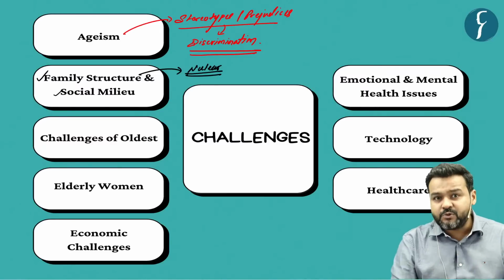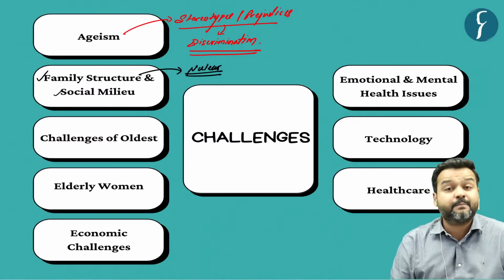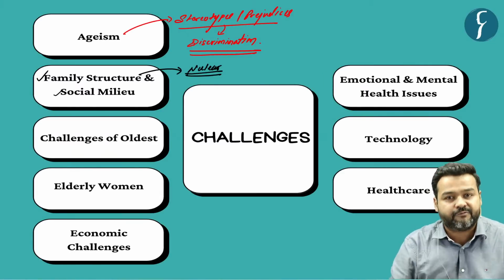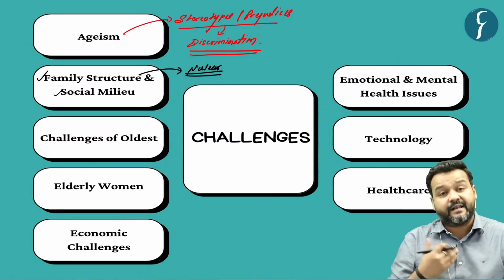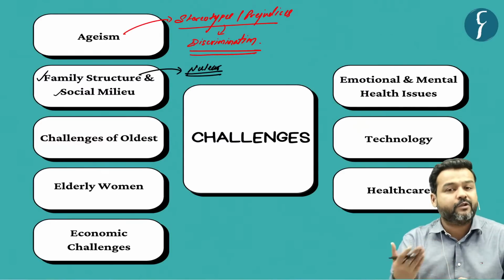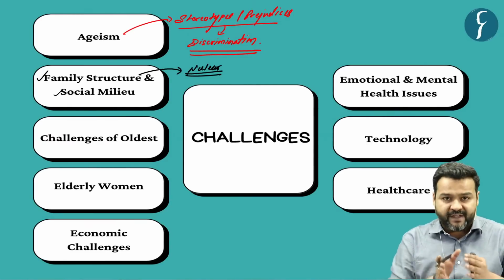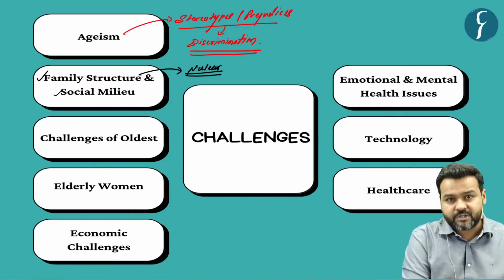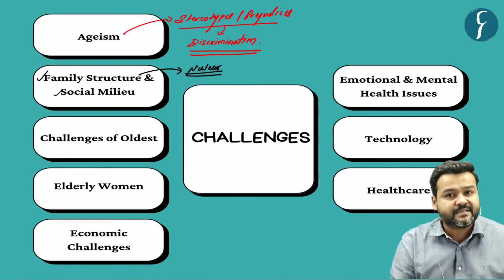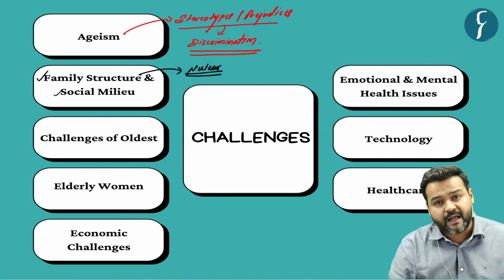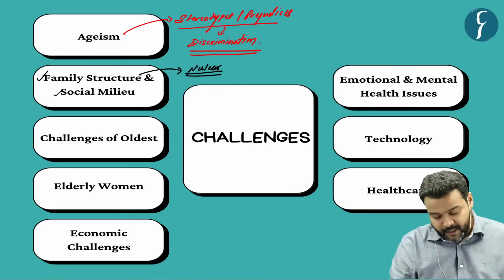This news article also highlights that there are many houses in urban areas where only an elderly couple is living, with the next generation moved out, either out of the city or out of that house altogether. So when the care is most needed, nobody is there to care for them. So this is another challenge: the rise of nuclear families and the rise of migration from rural to urban areas.